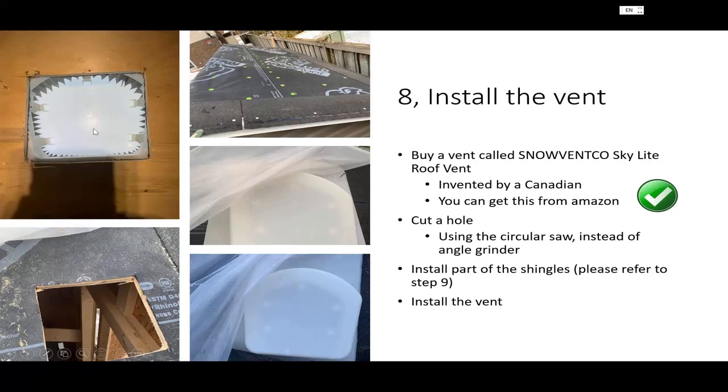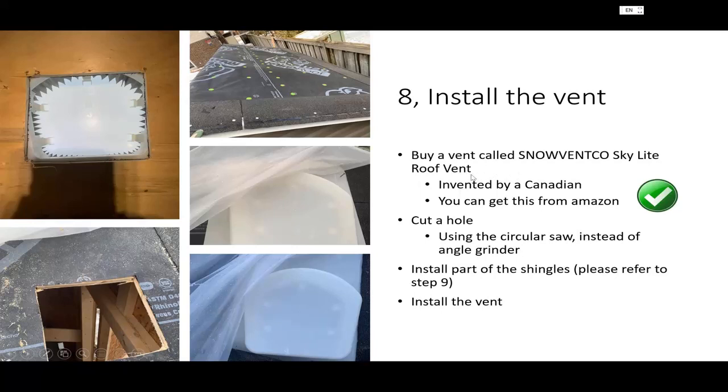For sure, when you install a skylight, you may feel that it may leak if you don't install it right. It's an extra cost. But eventually, just to make it perfect, I decided to do it. As I mentioned here, this Snovento skylight roof vent has two functions.